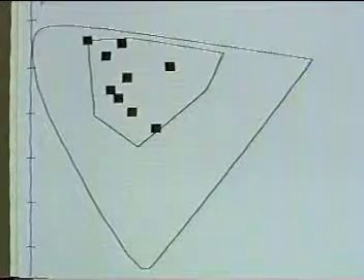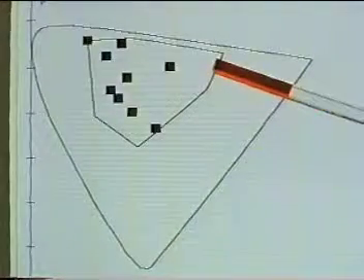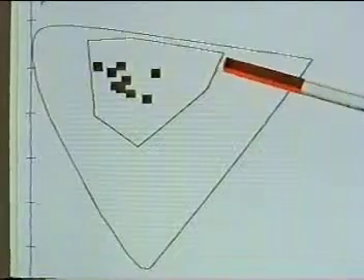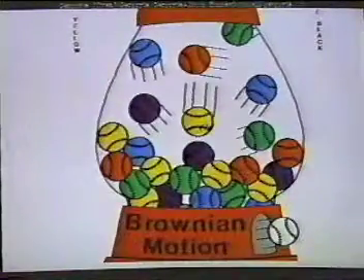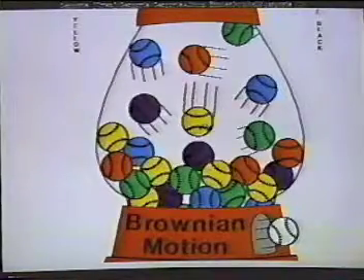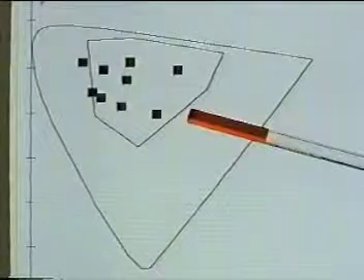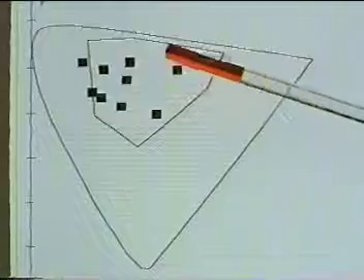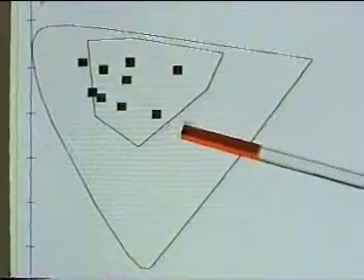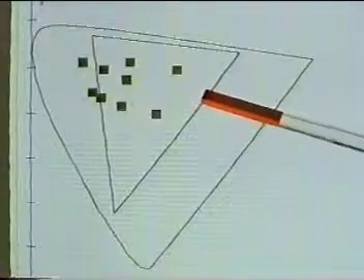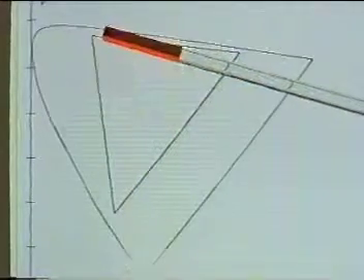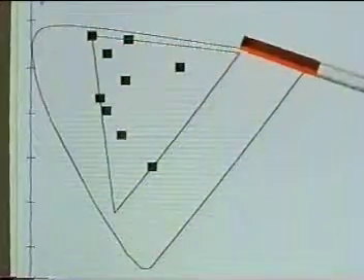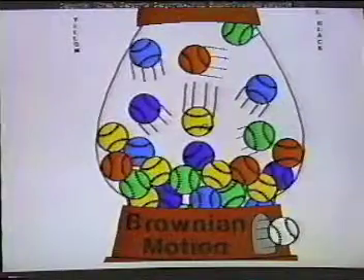And we can repeat this for our other printers, like for instance the electrostatic plotter, the thermal transfer printer, or we can even superimpose the effect on different monitors. For instance, this is the gamut of an NTSC monitor, and this is how the colors would change on an NTSC monitor.